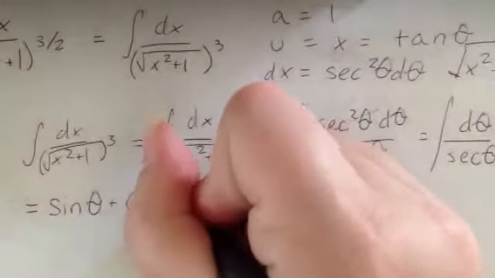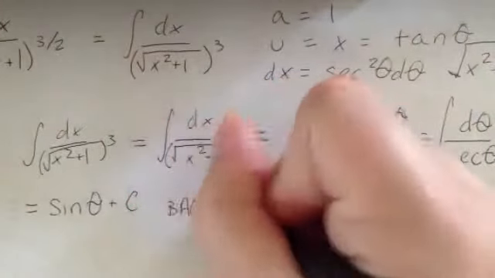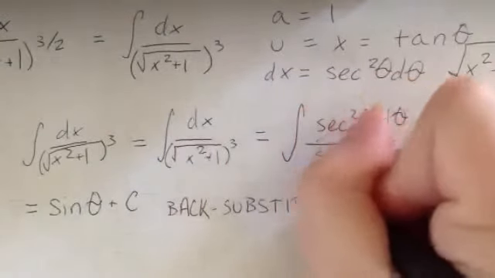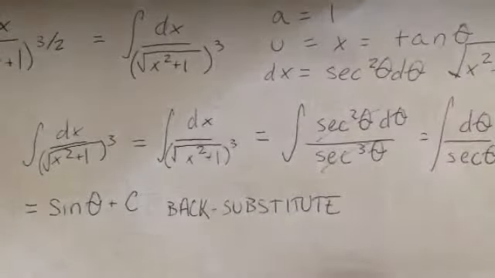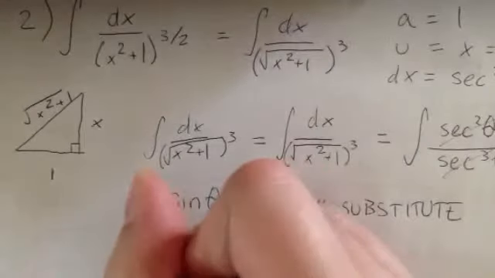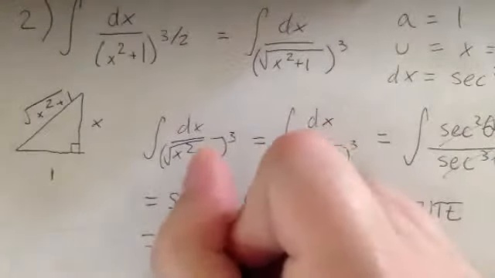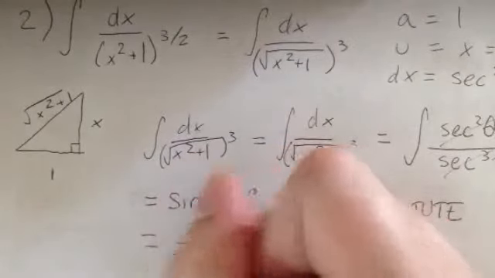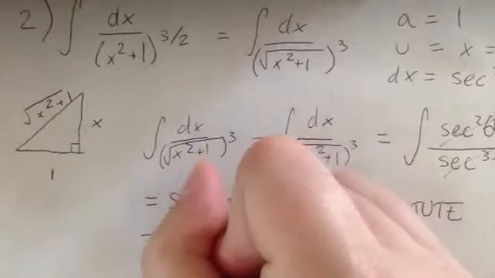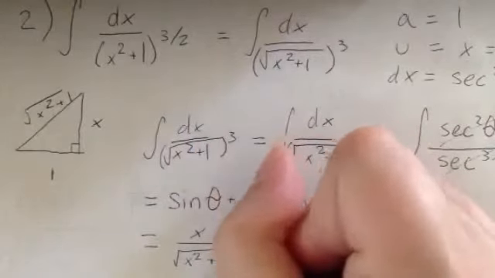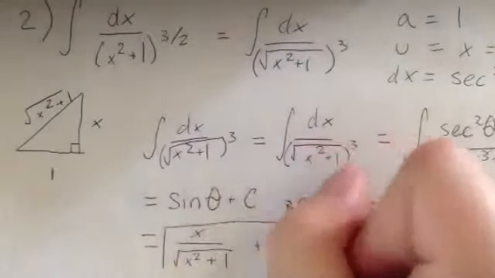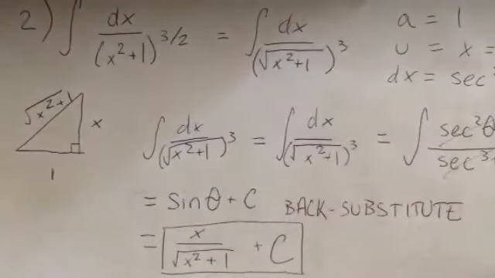Once again, you can back substitute into the problem to get from a sine theta plus c to an expression with x's. By looking at the triangles, you can see that sine theta is equivalent to x over the square root of x squared plus 1 plus c, and this is your final answer.